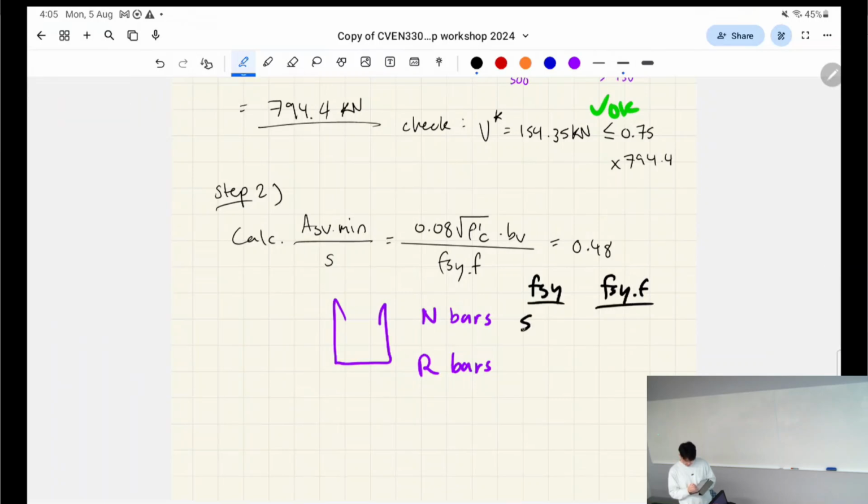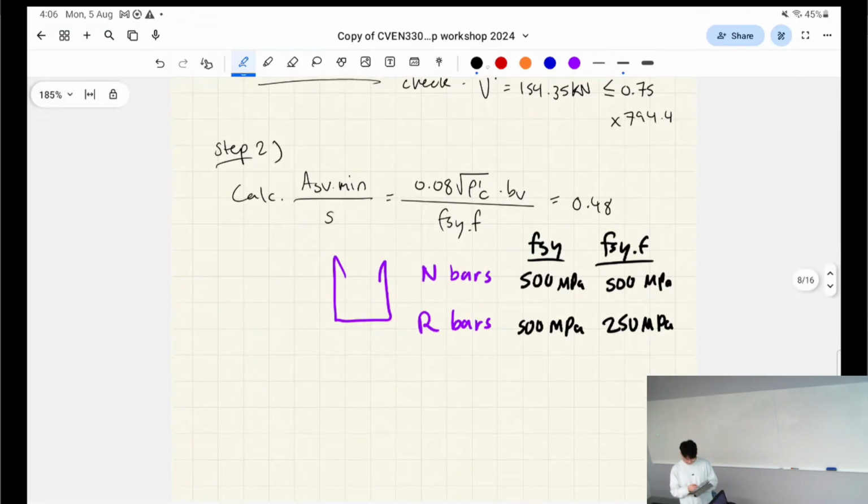For N bars, usually both of these are 500 MPa. For R bars, usually this is 500 MPa and this is 250 MPa. But it will always be given in the question, but you have to be careful, these aren't the same thing. The yield strength of steel behaves differently in shear than it does in flexure and tension and compression.